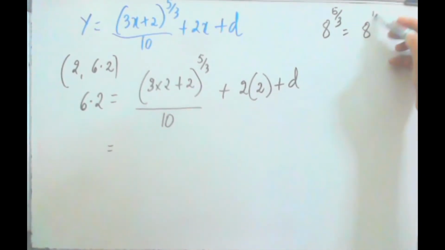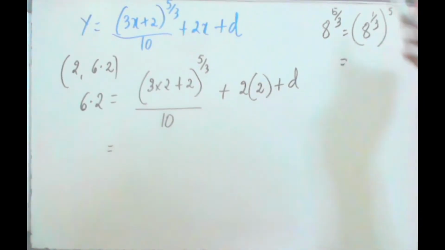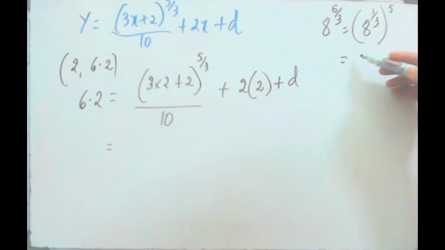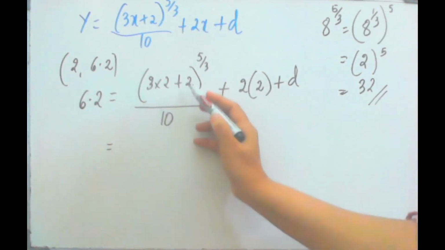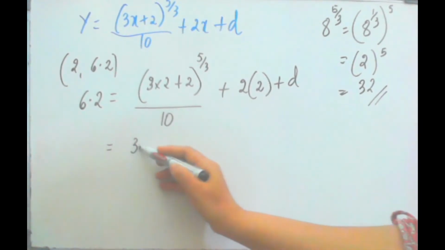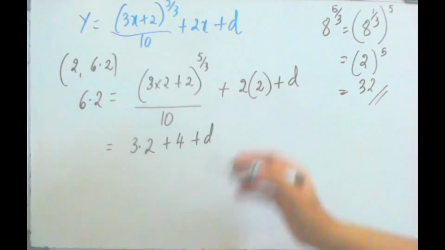We can split it as 8 power 1 over 3 whole power 5. As we have seen in the previous step, 8 power 1 over 3 is cube root of 8, which is 2, and that is power 5. So 2 power 5 gives us 32. So this is 32 over 10, which is 3.2, plus 4 plus d.